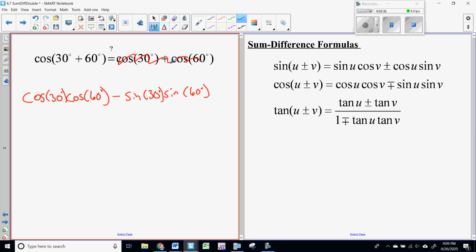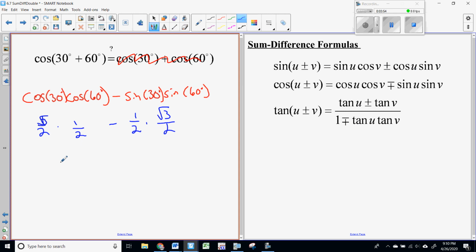Now, if you go to our unit circle again, cosine of 30 is square root of 3 over 2. Cosine of 60 is 1/2. Sine of 30 is 1/2. Sine of 60 is square root of 3 over 2.